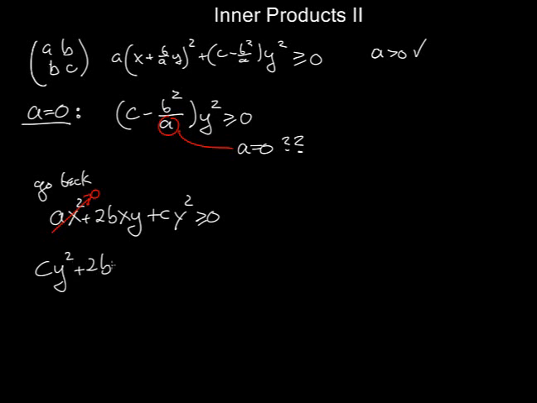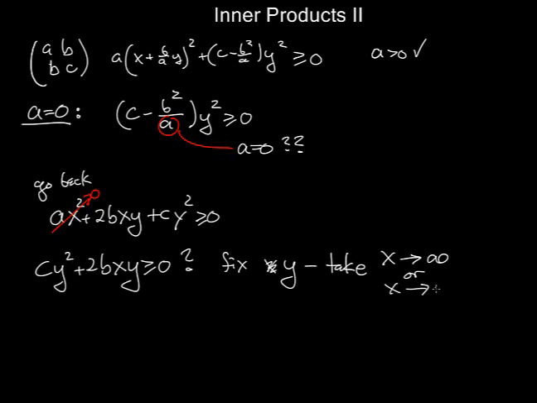And so the condition is cy squared plus 2bxy is supposed to be greater than or equal to 0 for all x and y. Let's see. How can we guarantee that this is true? Well, if you fix y and let x go to plus or minus infinity, then you can arrange that this number will be negative. All right, this first term is fixed, and just take the second term to minus infinity, and you lose.